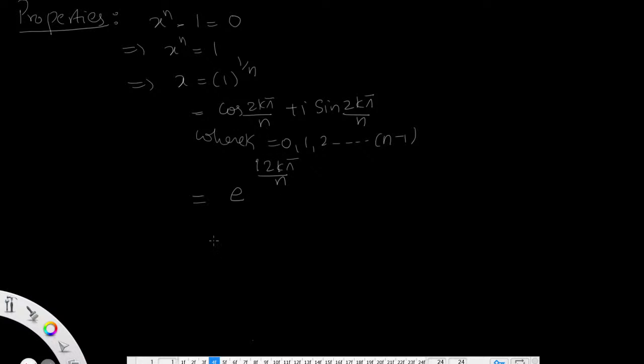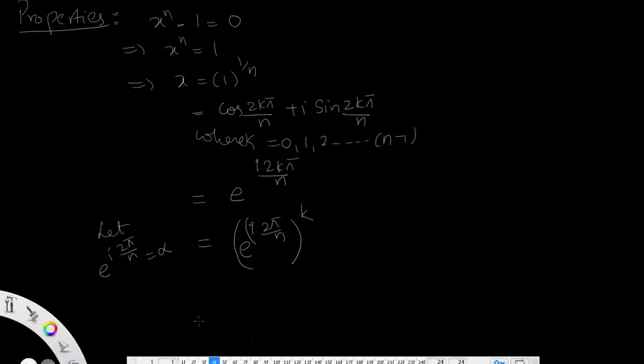For one property of this, suppose we write the number in the form of alpha. For our convenience, e to the power of i 2π/n, as a whole, to the power of k.